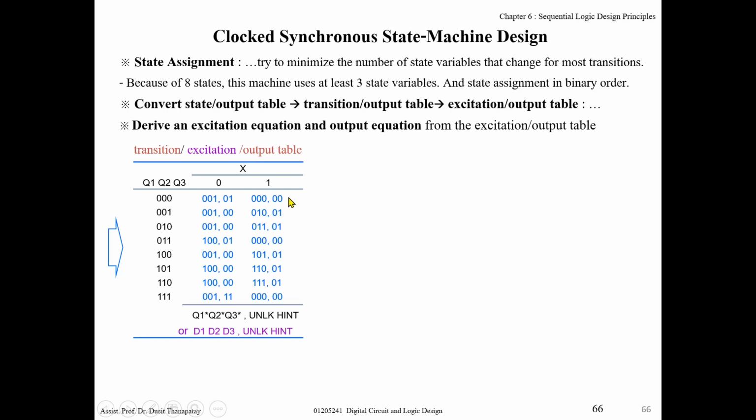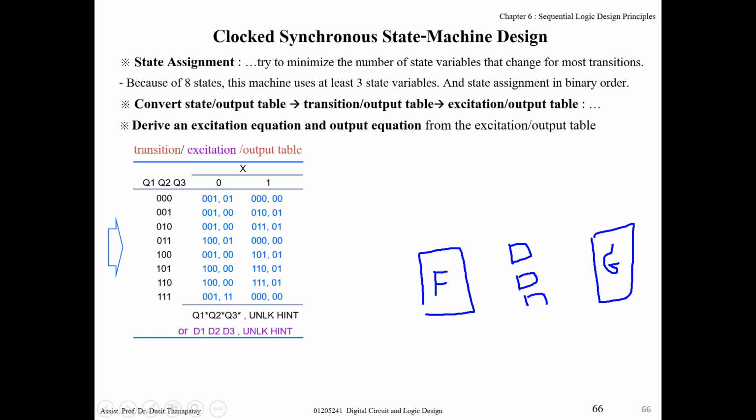Okay, after that you can use K-map to find out the circuit for next state logic F and output logic G. In this example, you use 3 flip-flops, and if you use D flip-flop, it's very easy, right? And output Q, you use Q1, Q2, Q3. So the input or excitation signal is D1, D2, D3.